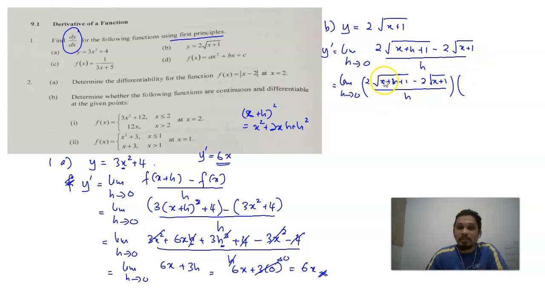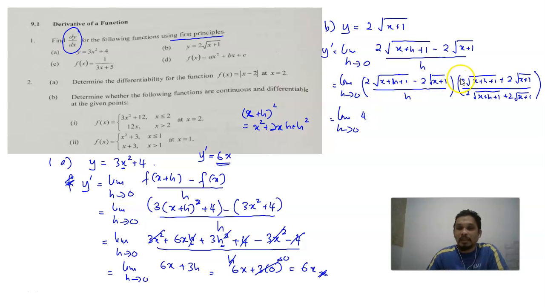And we are going to multiply, referring to the numerator here, with the conjugate, which is 2 square root of x plus h plus 1 minus, okay, minus, it should come up with plus, sorry, plus 2 square root of x plus 1, divided by 2 square root of x plus h plus 1 plus 2 square root of x plus 1. So then 2 times 2 equal to 4.